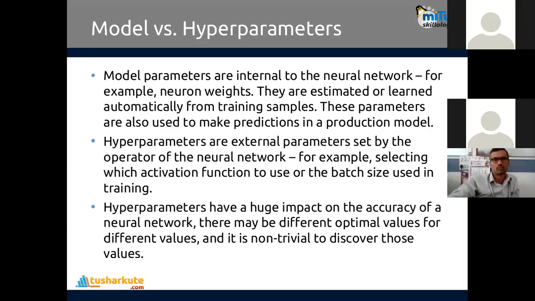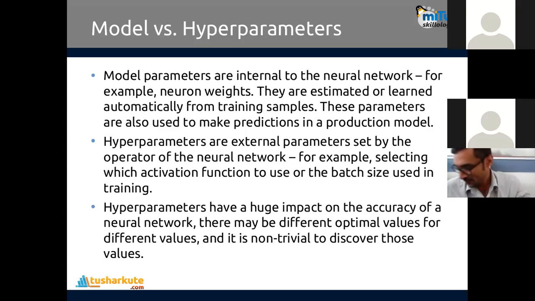So hyperparameters have a huge impact on the accuracy of the neural network, because if I'm using a function like sigmoid, and if I'm using a function like ReLU, maybe sigmoid is giving 98% accuracy and ReLU is giving 91%, so you have a difference of 7% or 8%.